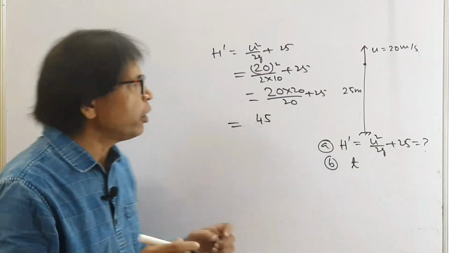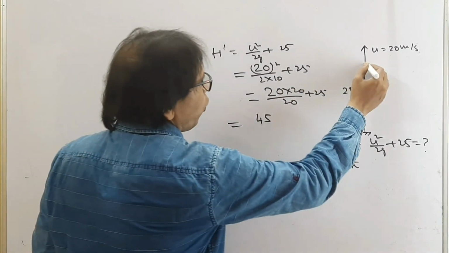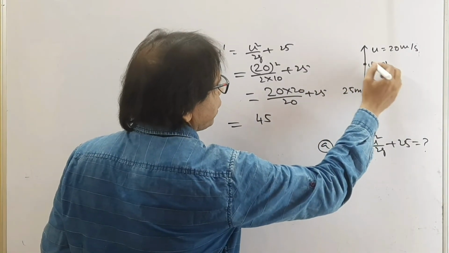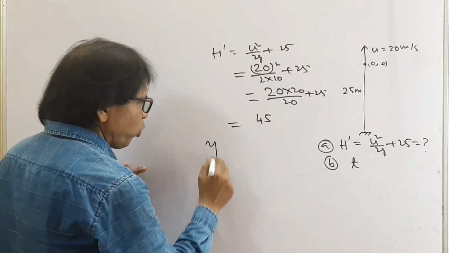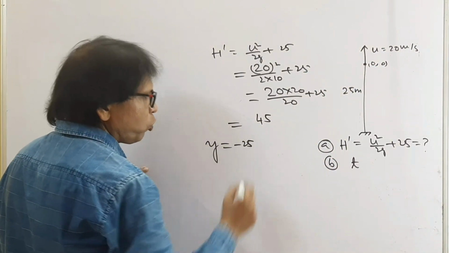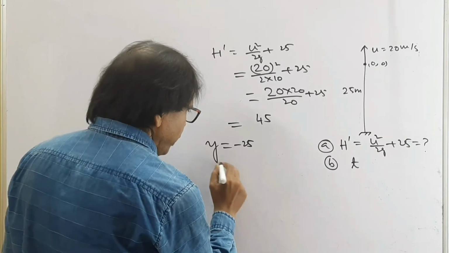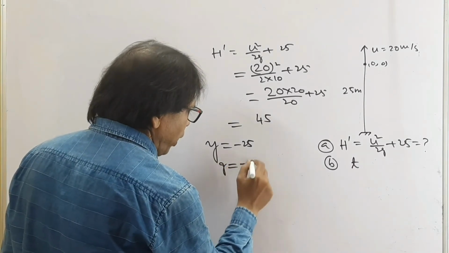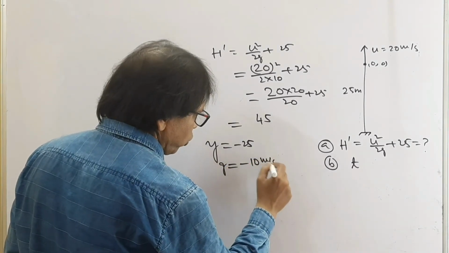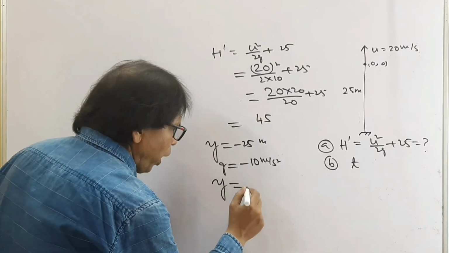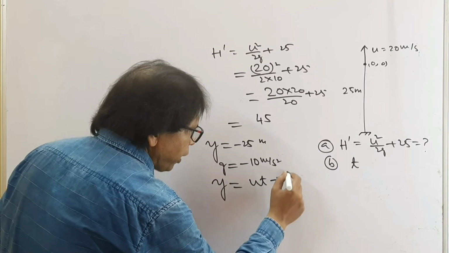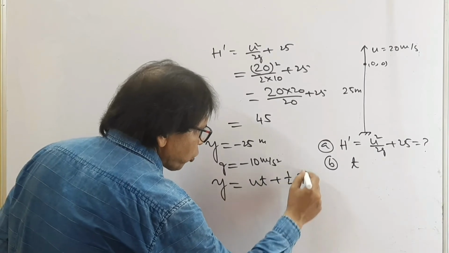Now time of flight. Look at this, if this is the origin and this direction is the positive direction, then here y equals minus 25. Okay, and g equals minus 10 meter per second square. Now use the formula y equals ut plus half gt square.